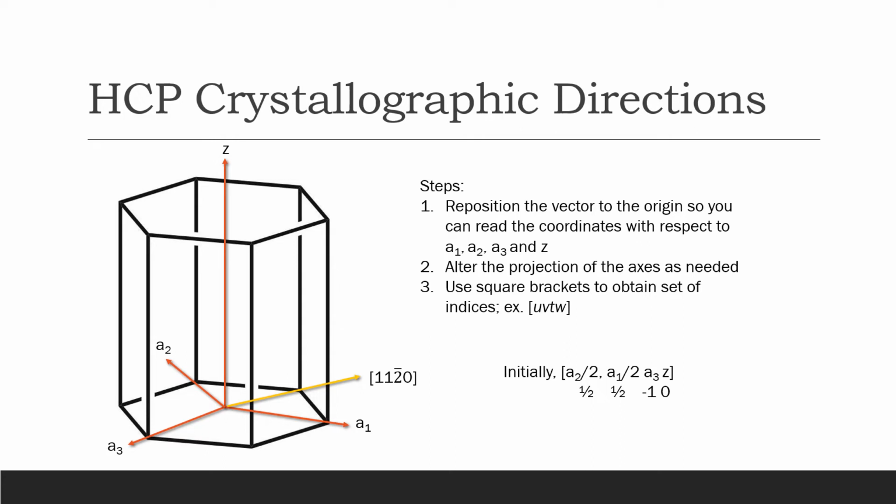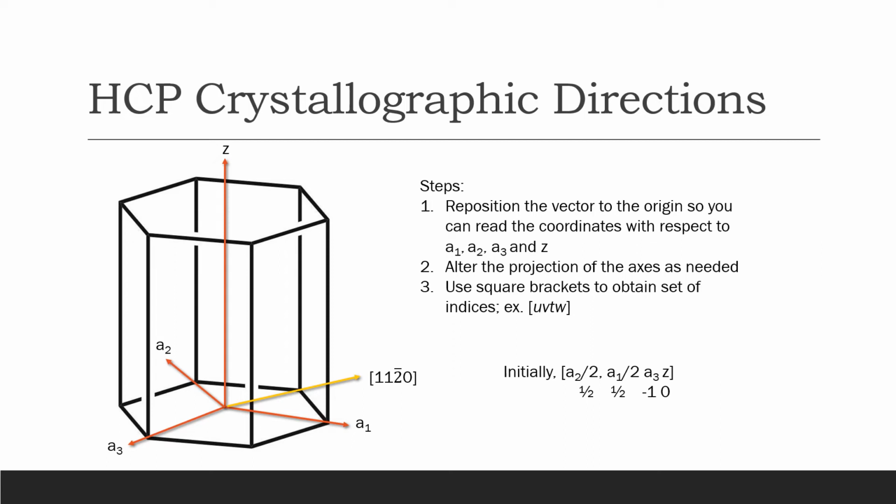Now take the yellow line as the vector you want to find the indices for. The vector is 90 degrees from both the A1 and A2 axes. When you project the point of interest, which is when the vector comes into contact with the prism, to each axis, you get A1 divided by 2 and A2 divided by 2. Half of each respective axis is written initially.